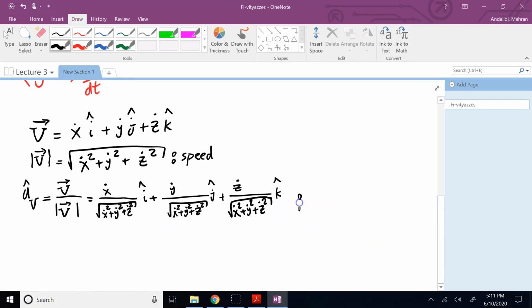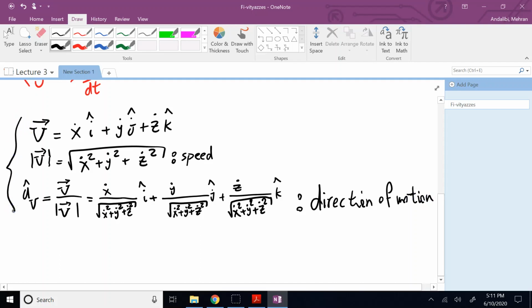So this would tell you what? The direction of motion. So again, magnitude of v shows the speed, direction of v, unit vector v, shows the direction of motion, which is also what?